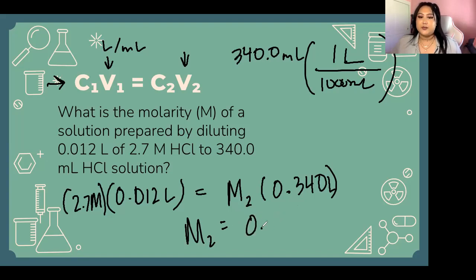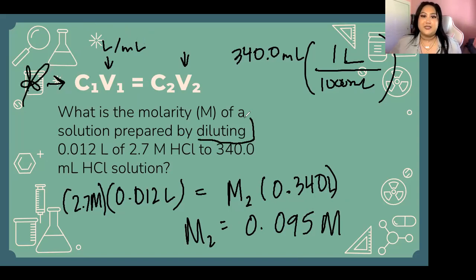Okay, 0.5, okay, cool. Usually a definite indicator that you will use this equation is if it straight up says diluting or dilution.